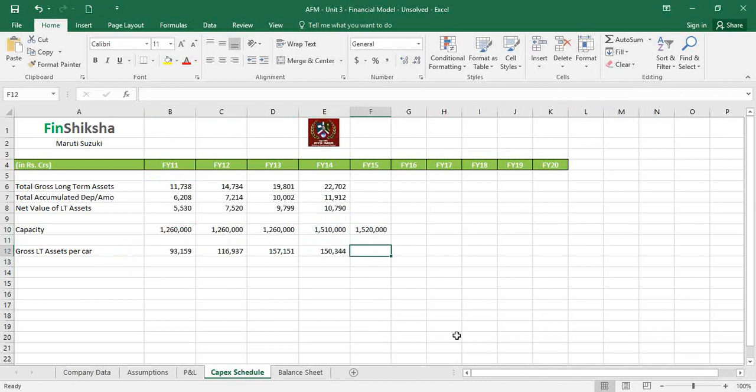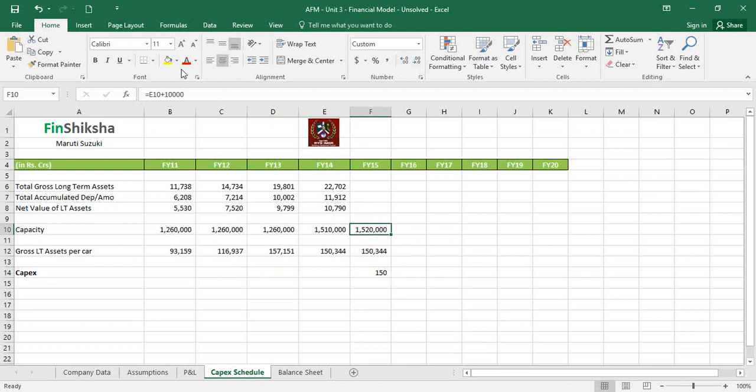Then we know for these additional 10,000, if the company needs exactly 1.5 lakh rupees, then your capex or capital expenditure could be basically the new capacity added, which is 15 lakh 20,000 minus 15 lakh 10,000 multiplied by the 1.5 lakh per car number that we calculated divided by 10 raised to 7. So for these 10,000 cars, the company will need 150 crores, right?